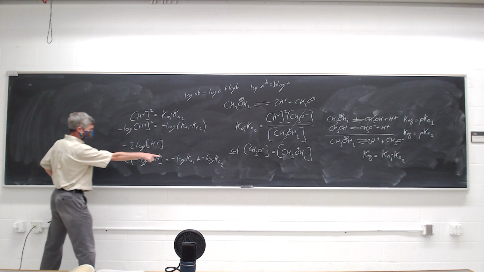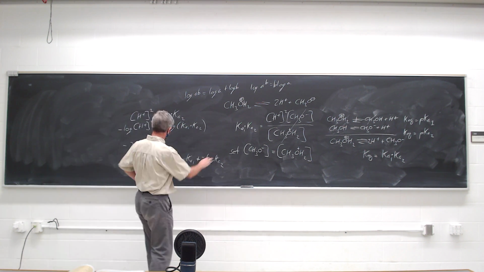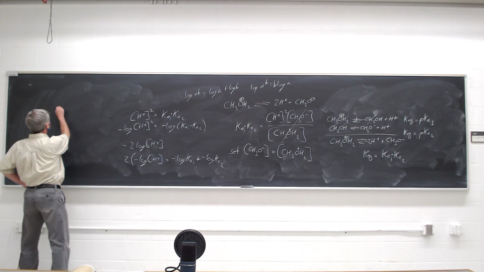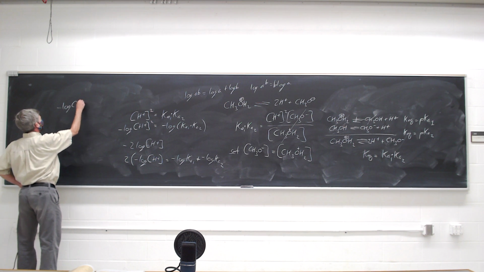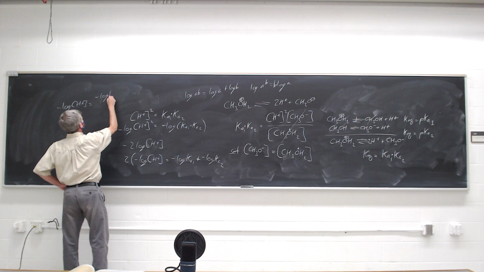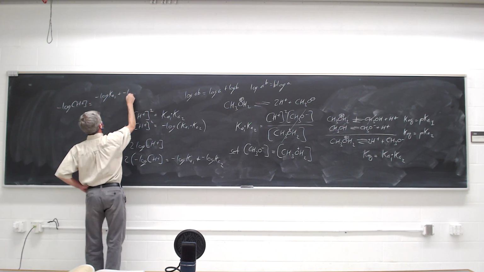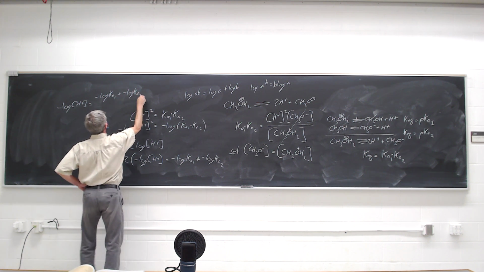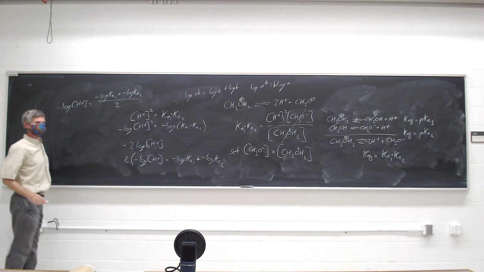If I bring the 2 over, I now have that negative log of H+ is equal to negative log of Ka1 plus negative log of Ka2, divided by 2.